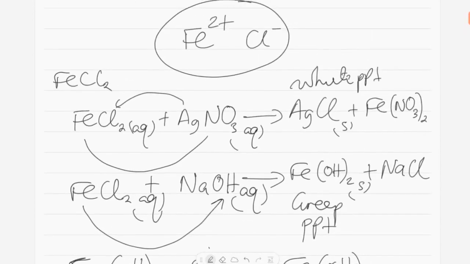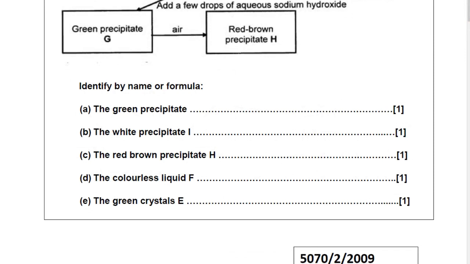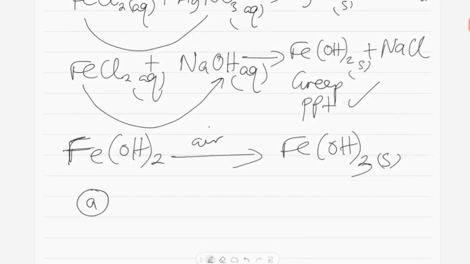So now that we have identified the important reactions in this diagram, we're now going to look at the questions given. The first question is, identify by name or formula the green precipitate. So the green precipitate in this case, we can see it is iron 2 hydroxide. Remember, we can either identify by name or formula, so we can say iron 2 hydroxide.